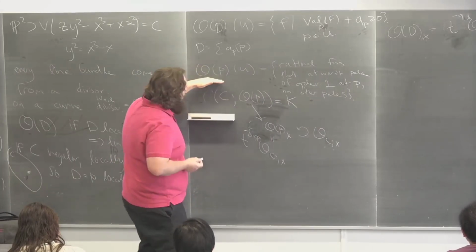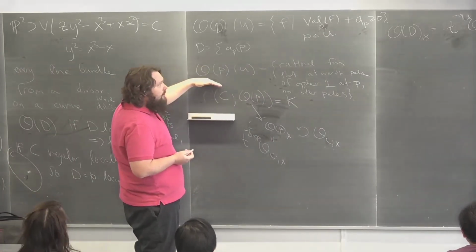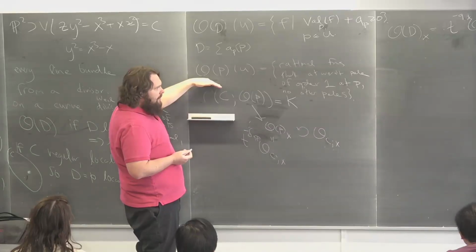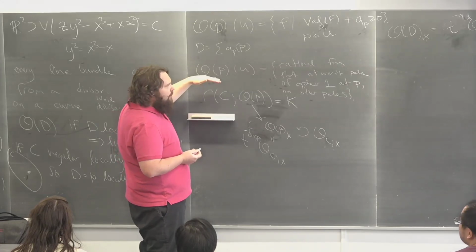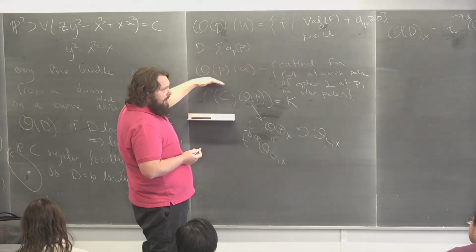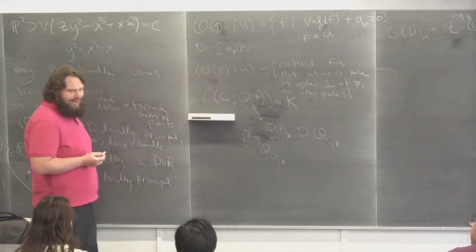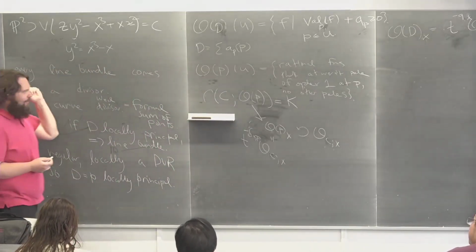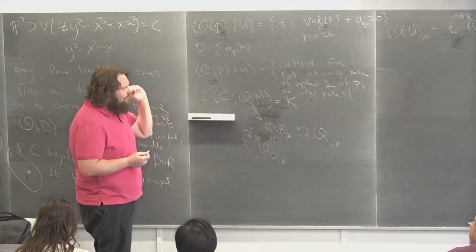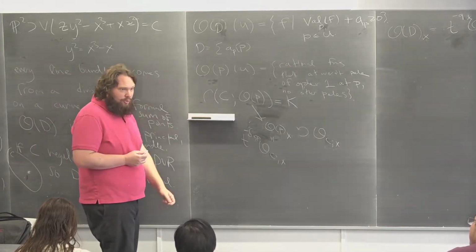So in particular, a rational function generating the stalk at a point means it has no more zeros than you require, right? It's sort of as bad as you can imagine. If you're allowed to have a pole of order 2, it has a pole of order 2. If you're required to vanish to order 2, you vanish only to order 2 and not to a higher order.